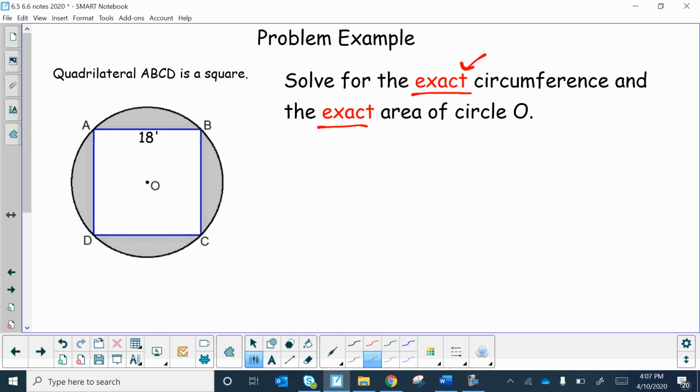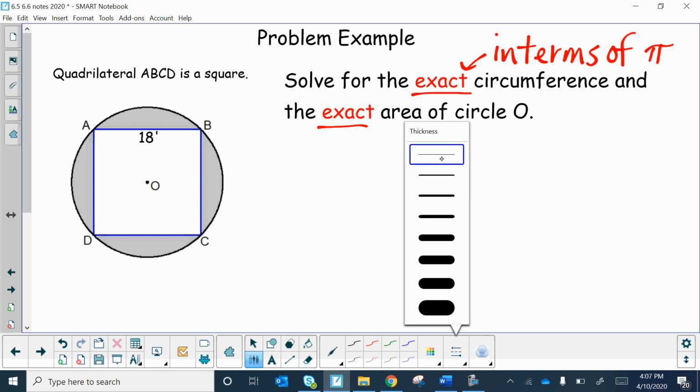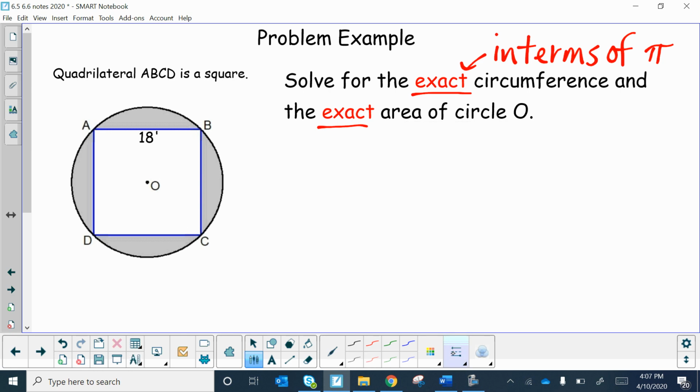All that means right there, guys, is you want your answer in terms of pi. So you want to write that down in terms of pi, okay? Or if you have a radical or square root, you want to make sure that you leave it in radical form, okay? When you start putting decimals, then it's not exact anymore. It's an estimate.